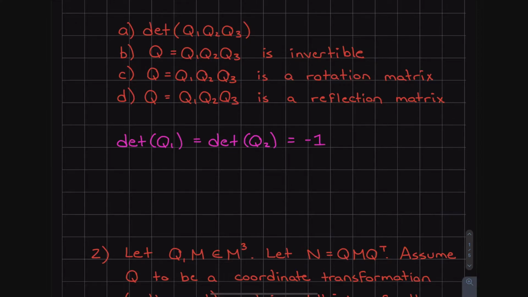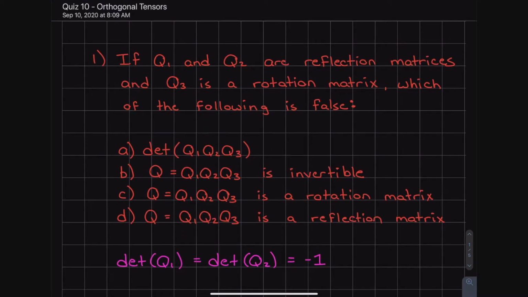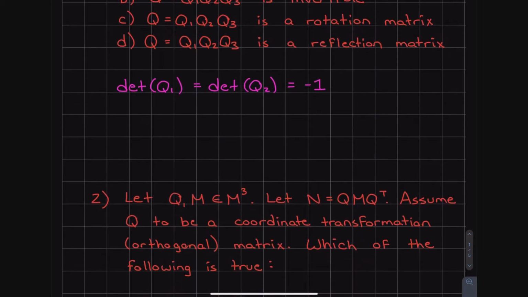Because again, that's if they are a reflection matrix. Now, it says that Q3 is a rotation matrix. So from this, we could conclude that the determinant of Q3 is equal to positive 1, right there.